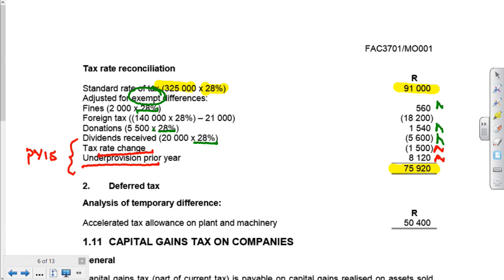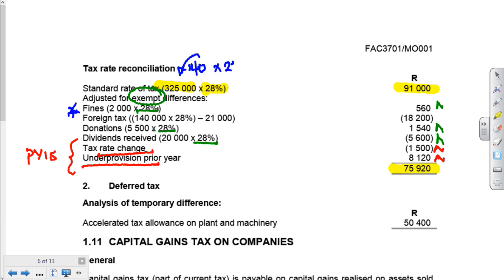And then we're left with our foreign tax. I'm going to do a little calc here just to show you once again what happens with foreign tax. Included in this 325 is foreign income of 140. Agreed? I've put it in there at 28%.